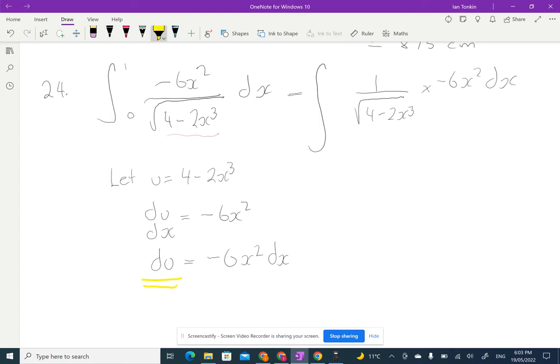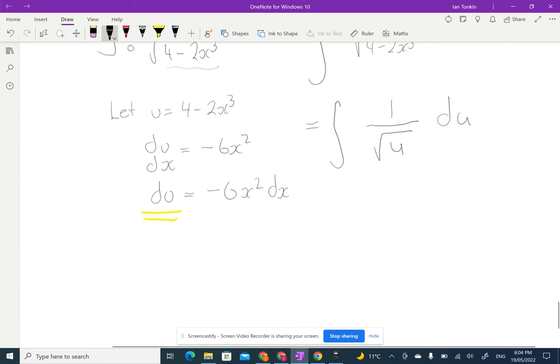And you can see that that's going to become du. Okay, so I'm going to get the integral of 1 over the square root of u du. And now I can integrate it with respect to u. And it's a really easy integration.